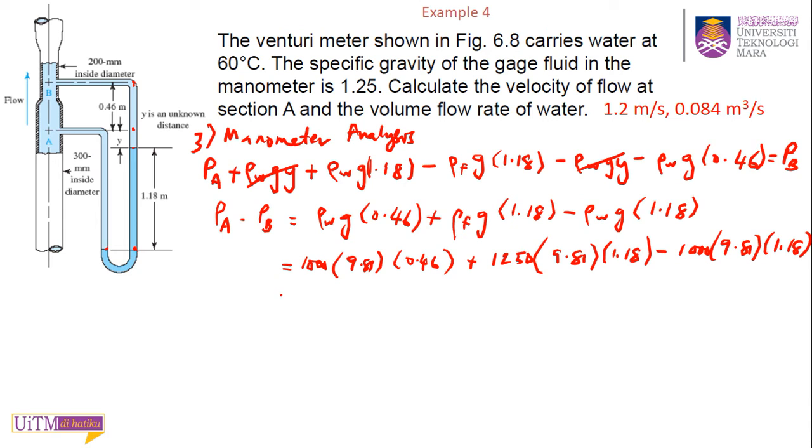Okay, what's the value here? PA minus PB. Can someone calculate it?